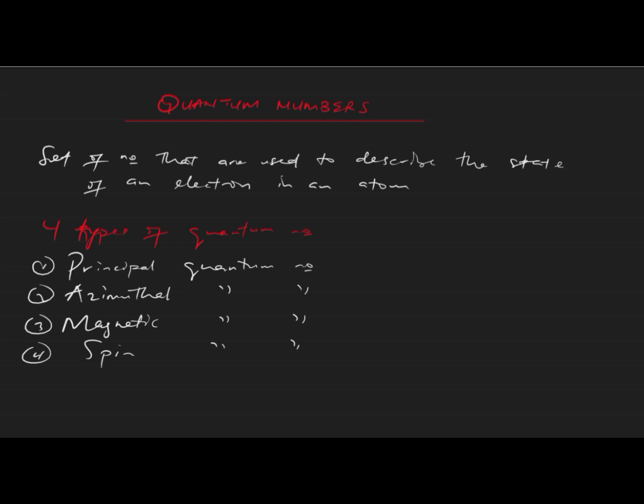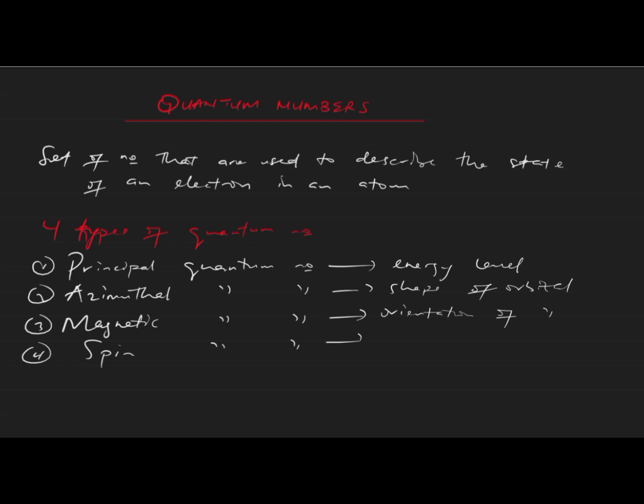So just to give an overview, the principal quantum number helps to determine what we refer to as the energy level, while the azimuthal quantum number helps to describe the shape of the orbital, that is the orbital where the electron is contained. And then the magnetic quantum number helps to describe the orientation of the orbital.